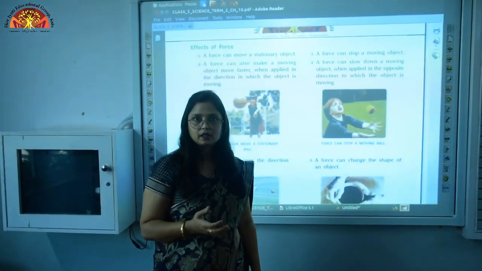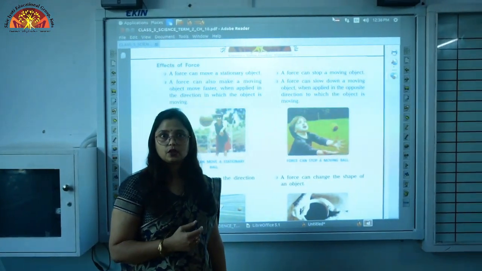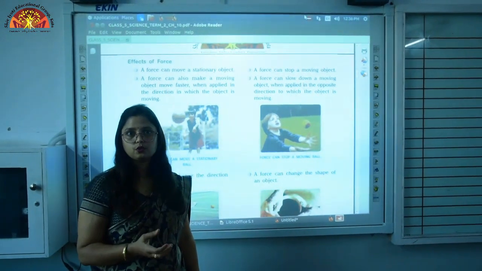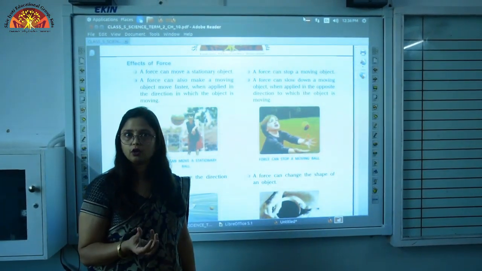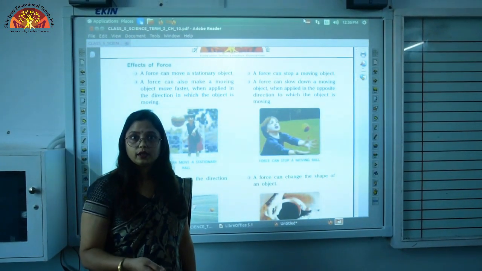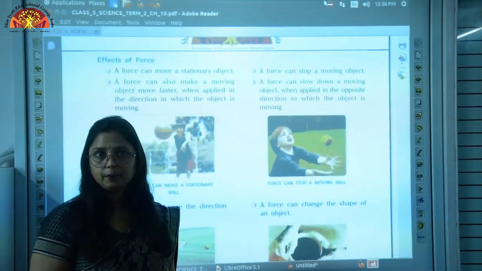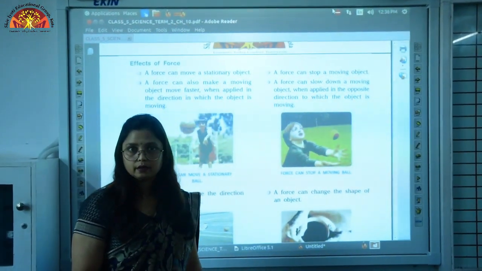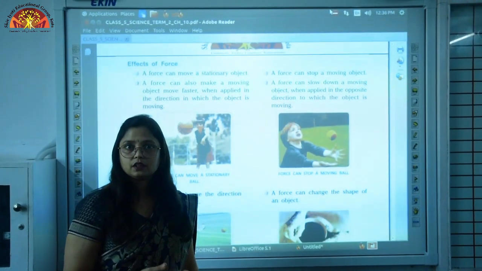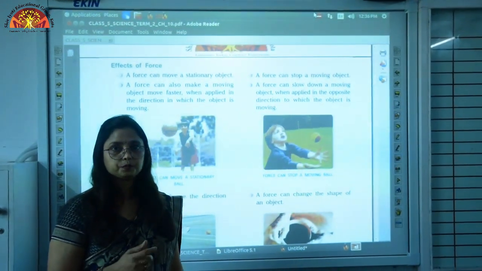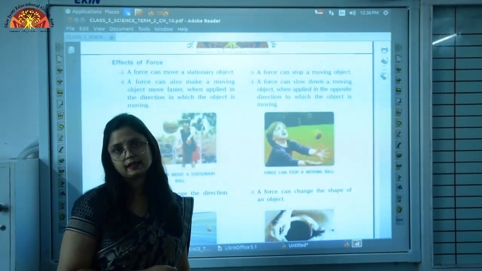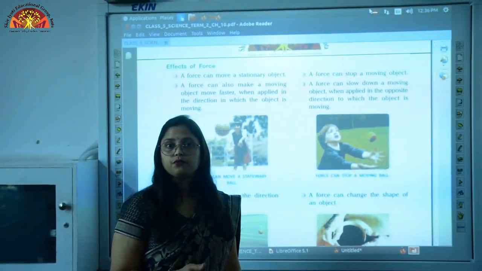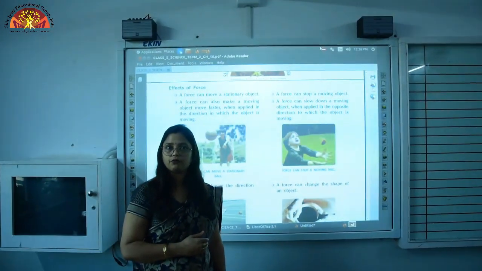You might have seen your mothers preparing chapatis at home. First she makes a ball of dough, then she rolls it with the help of a rolling pin and gives it another shape, the shape of a chapati. So this is also an example of force, where force can change the shape of an object.